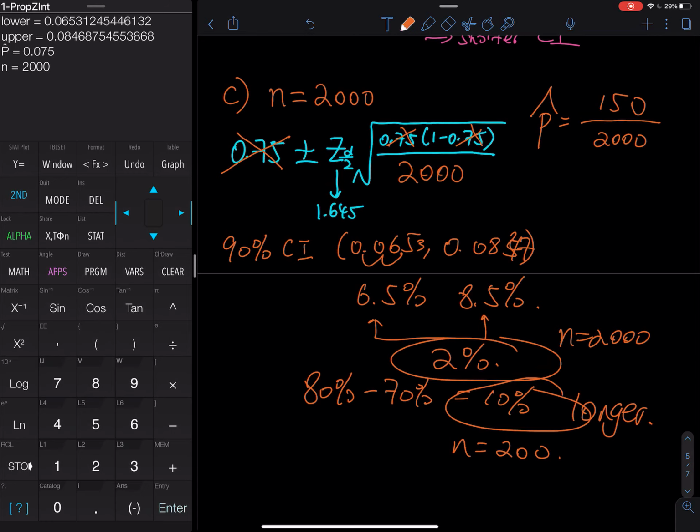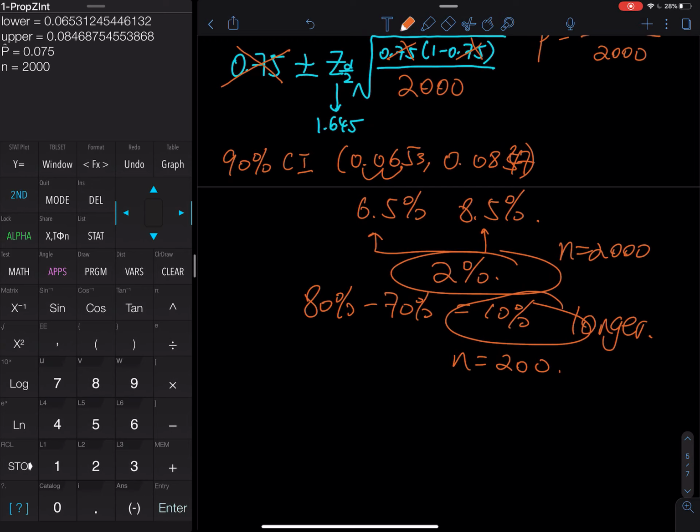Why? Here is how you interpret this. Think about this. Let's say 5 divided by 200 versus 5 divided by 2000. Which fraction is bigger? The one with the smaller denominator is bigger, right?